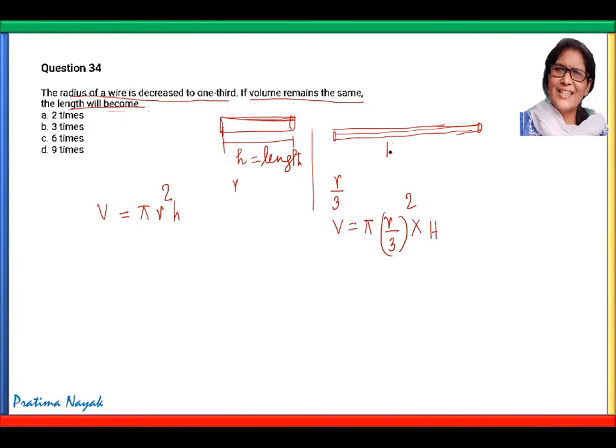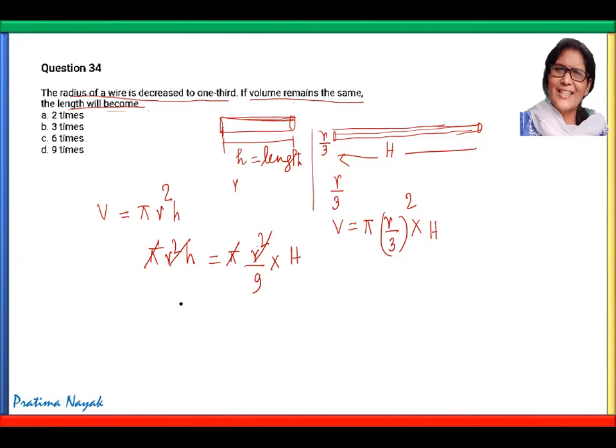Here I am taking length as h, and r becomes r by 3, which is decreased by 1/3. So the two volumes remain the same. So pi r square into h is equal to pi r square by 9 into capital H. Pi cancels, r square and r square cancel.